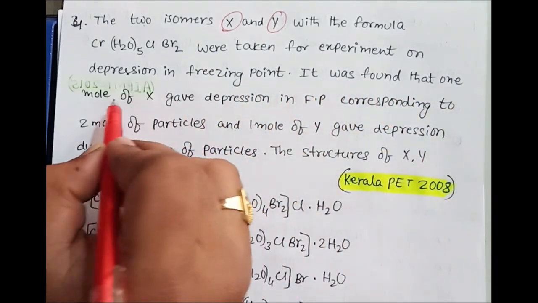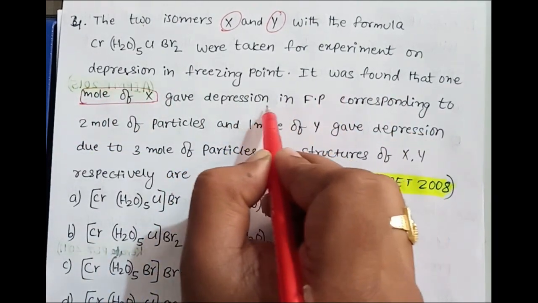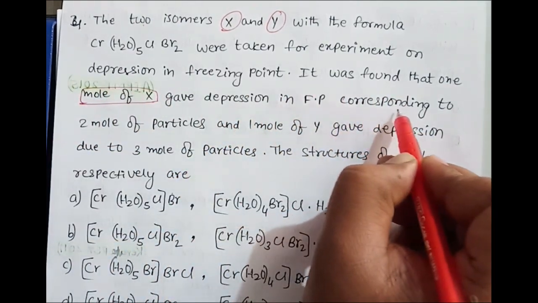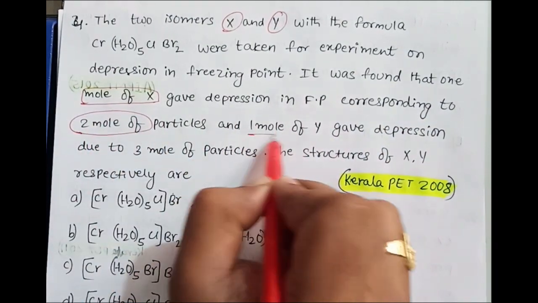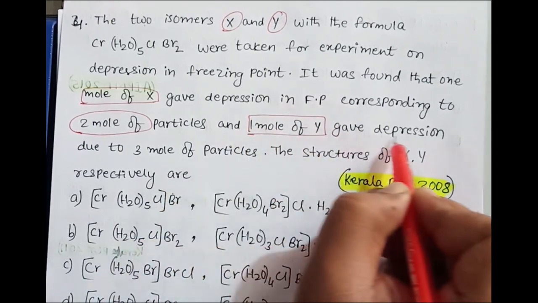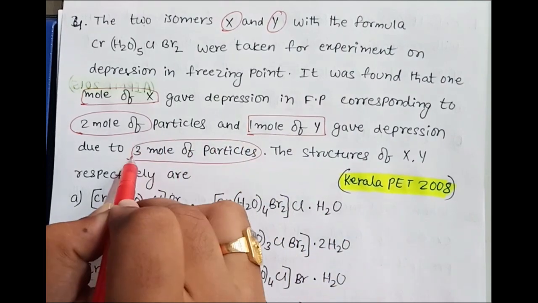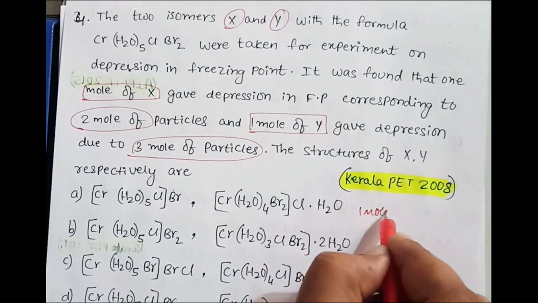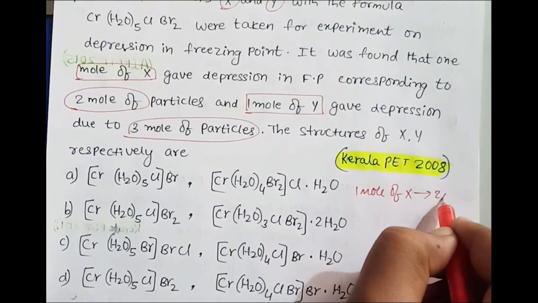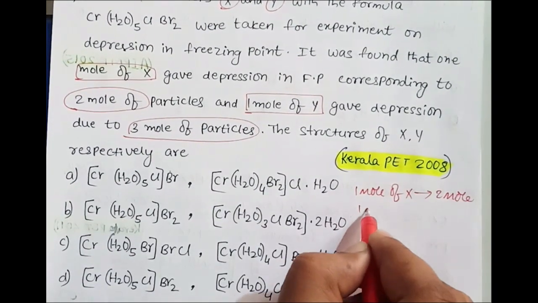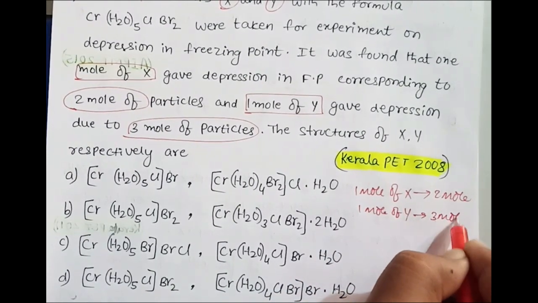It was found that 1 mole of X gives depression in freezing point corresponding to 2 moles of particles, and 1 mole of Y corresponds to 3 moles of particles.